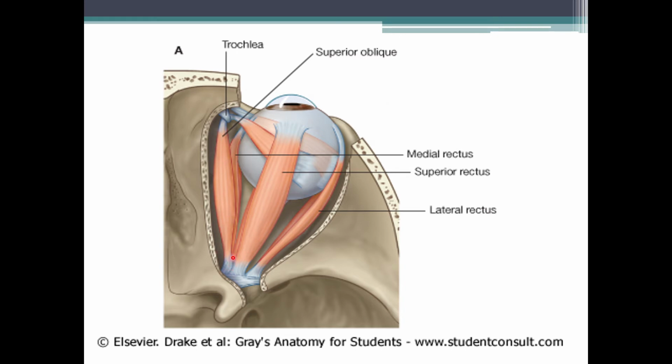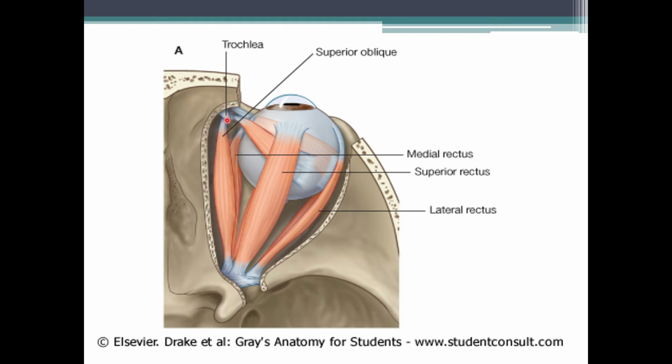The superior oblique first passes straight forward, and then at this point there is the trochlea. This is a fibrocartilaginous pulley which is attached to the frontal bone.